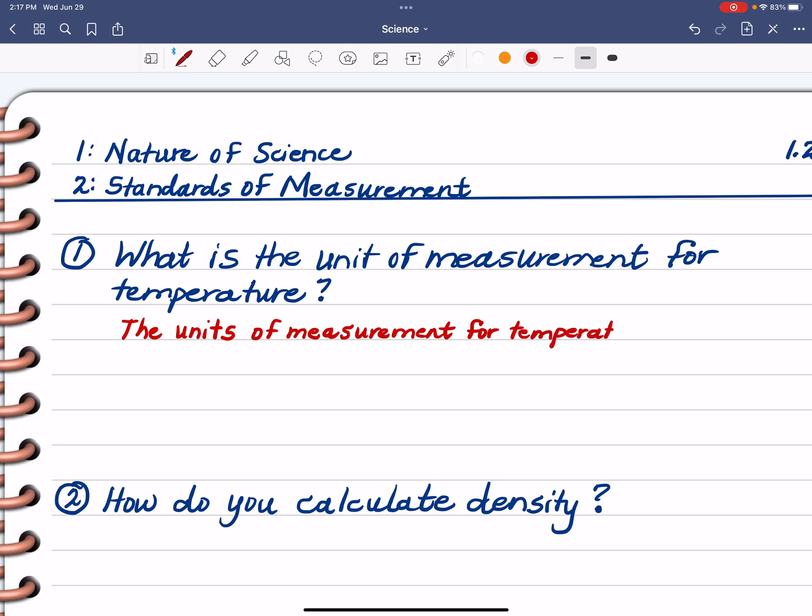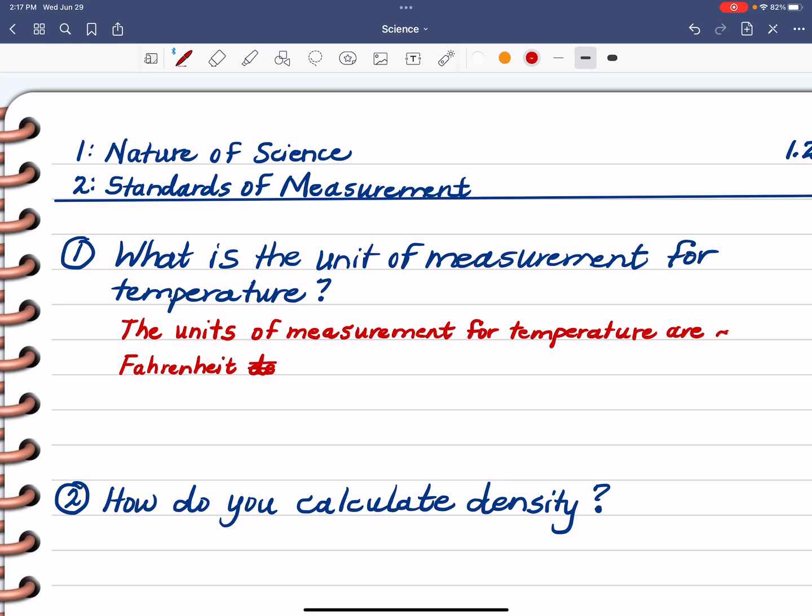Now the question uses the word is, but I'm talking about more than one, so I'm going to say are. The units of measure for temperature are Fahrenheit, degrees, and actually, don't erase. Let's just mark out where I started to write degrees.